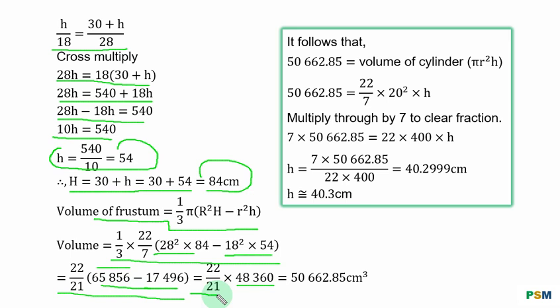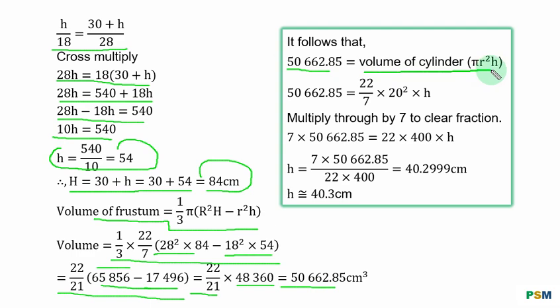When you multiply and divide, you have volume of the frustrum to be 50,662.85 cubic centimeters.